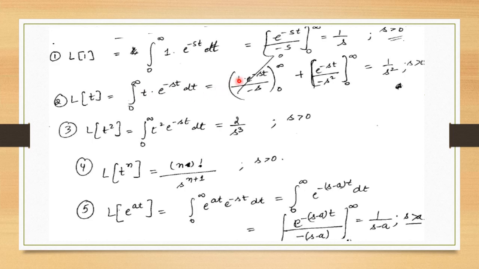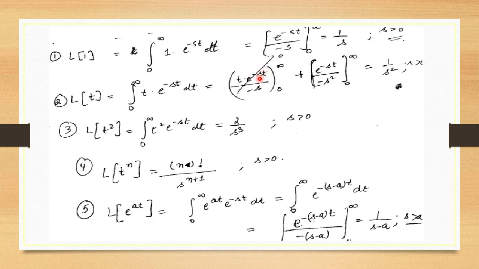So first function as it is, find the integral of the second, substitute the limits, minus the integral of the second into the differentiation of the first, and then again integrate this. After applying this and solving, we get, whenever s is strictly greater than 0, the value of this integral is 1 over s square.